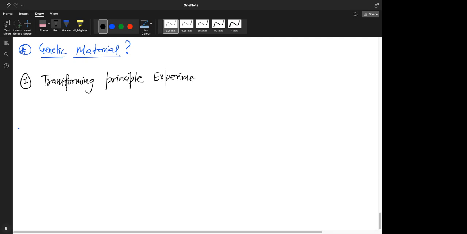We are going to read about a series of experiments. This transforming principle experiment was done around 1928 or 26, just check it out. It's 1928 or 26, one of them. It was done by Frederick Griffith.